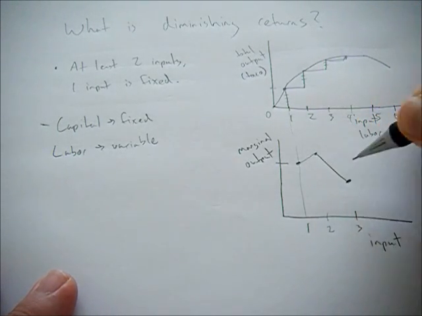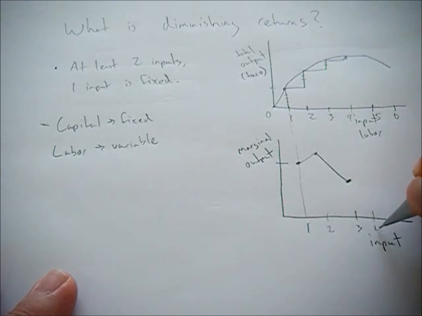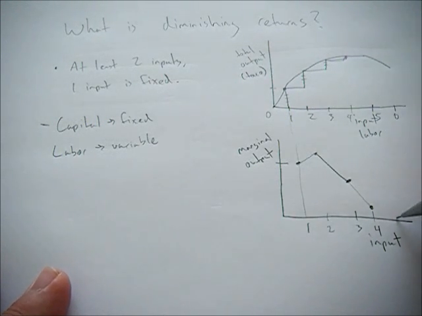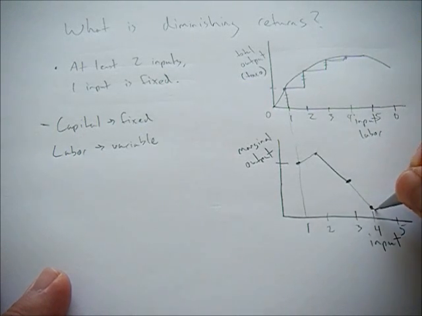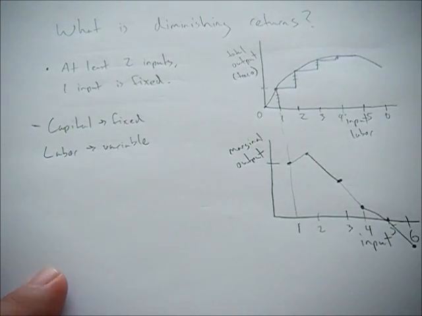So on the margin, it goes down. That fourth person adds very little to the total output. The fifth person doesn't add anything. And by adding that sixth person, we actually get negative output on the margin.